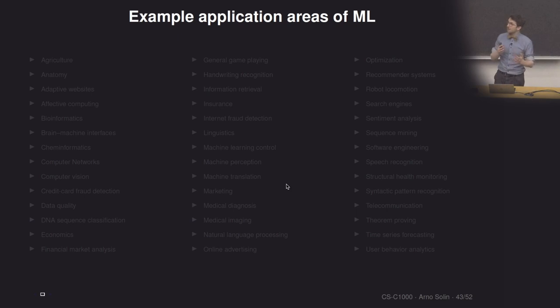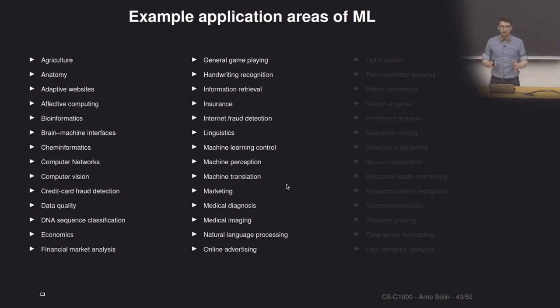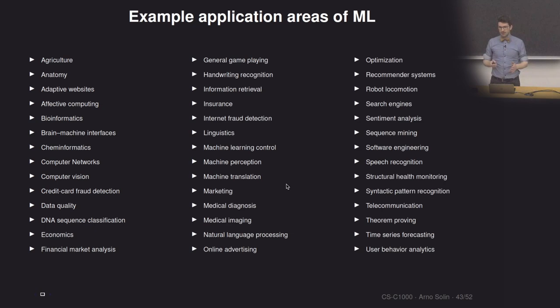I have some example application areas of machine learning. I'm not going to go through these because it would probably be more sensible to try to find some area where machine learning is not used at all. And that could be quite tricky because machine learning is used pretty much everywhere.